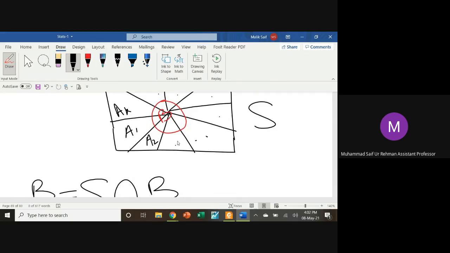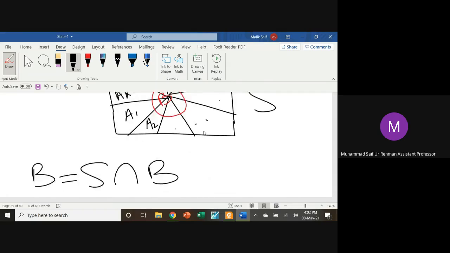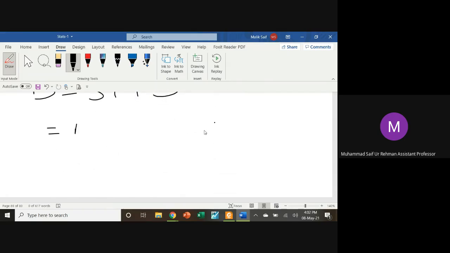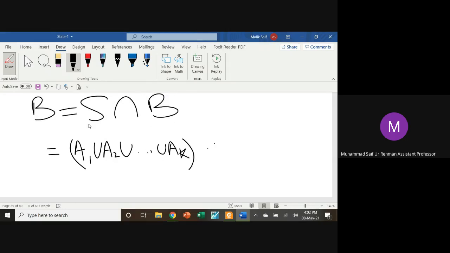So A1 plus A2 plus A3 up to AK, this is S. So now you may write down over here A1 union A2 union A3 union A4 up to union AK. When you will add all these, what will you have? You will have S. So instead of S, I am writing down this. Right? And then this intersection, and then B.